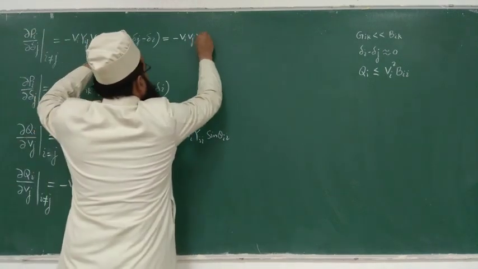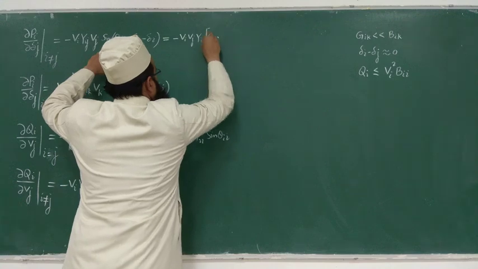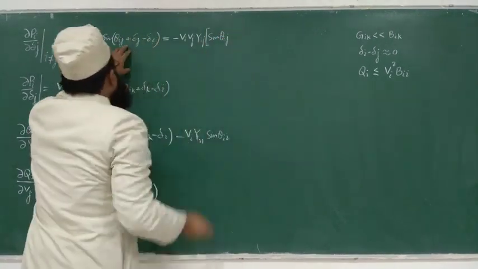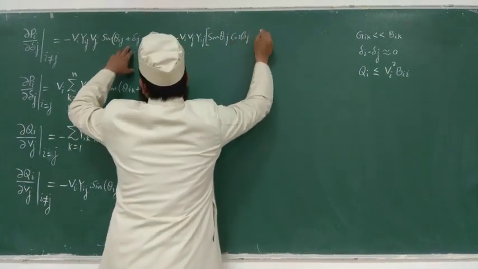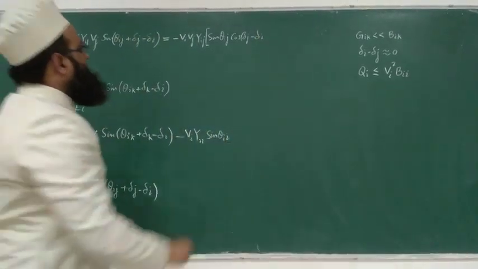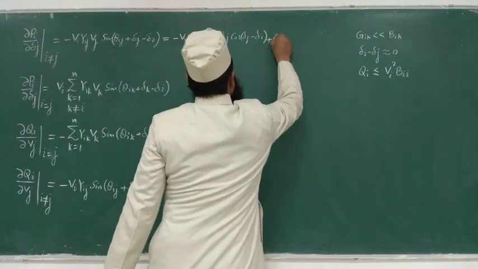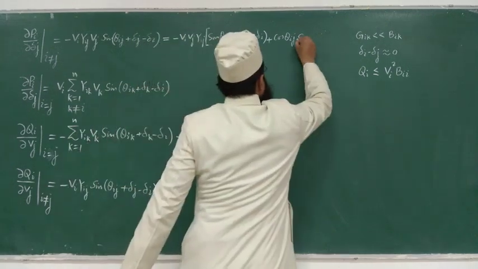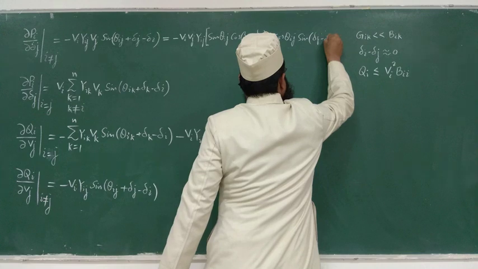Okay, I am writing again. Yij sin(A) cos(B), sin theta ij cos(δj minus δi) plus cos theta ij sin(δj minus δi).